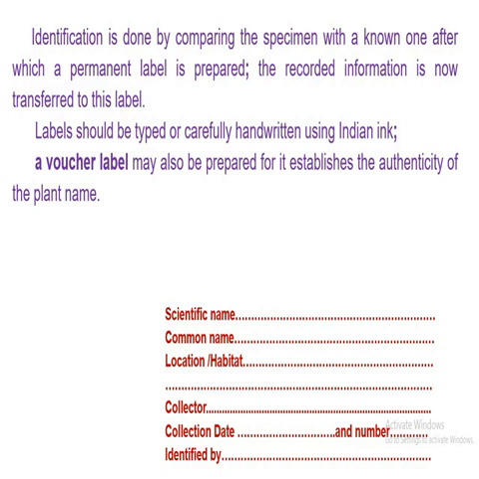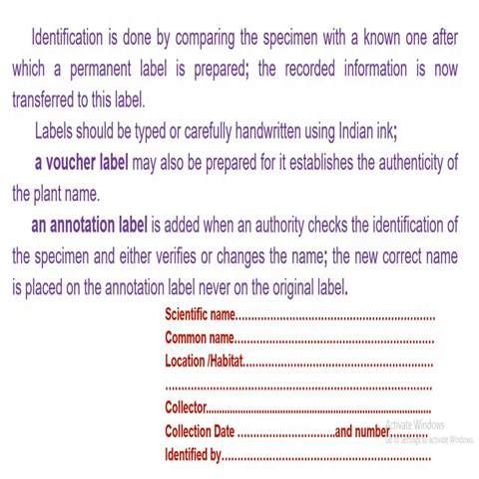Sometimes after you have prepared your label, an authority comes and either verifies that indeed this is the plant the way you named it, or he varies the name. He says that this is not the name. The name of this particular plant is, say maybe, Montia huitei. So now the authority will prepare another label to vary the name, and that label is what we refer to as an annotation label.